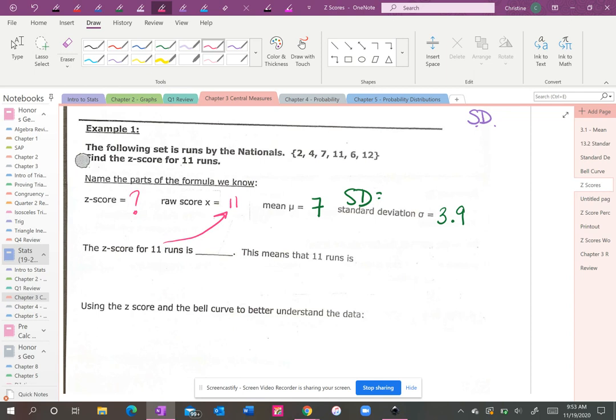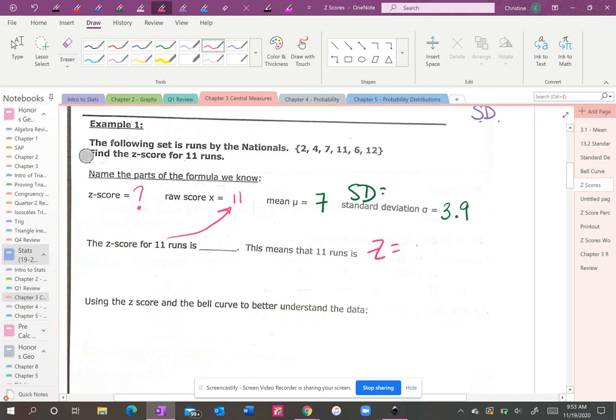So we're going to do the formula. Z equals x minus mu over sigma. You do not know what the z-score is. The problem is about 11 runs. The average is 7, and the standard deviation is 3.9.